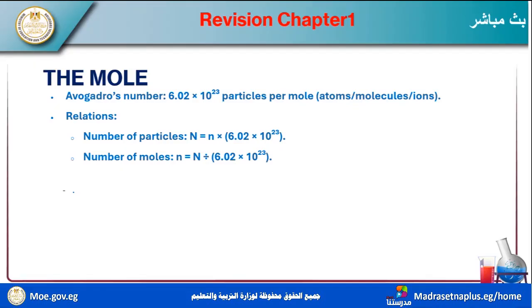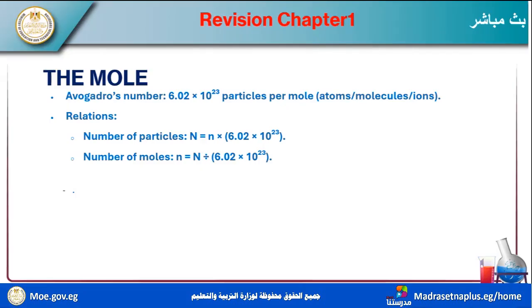It is a fixed number, equal to 6.02 times 10 to the power 23. One mole of any substance equals this value, 6.02 times 10 to the power 23.